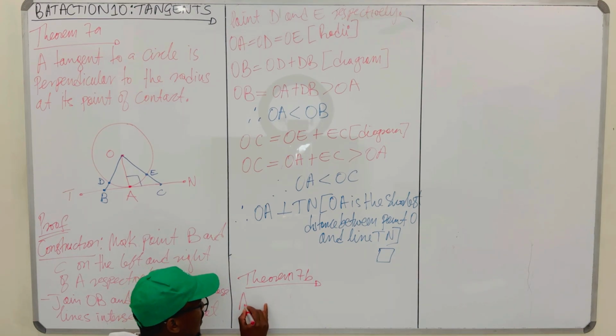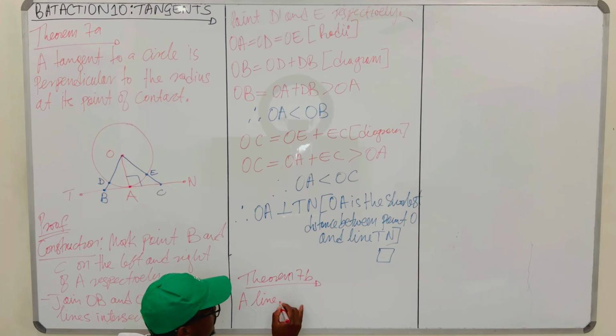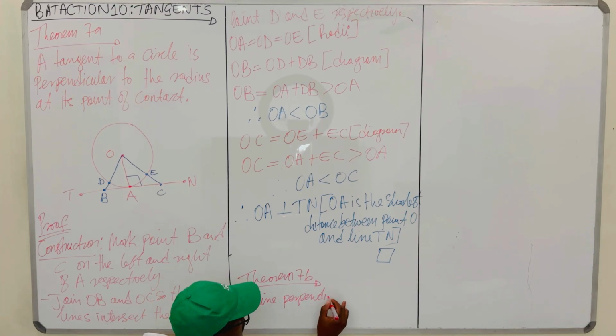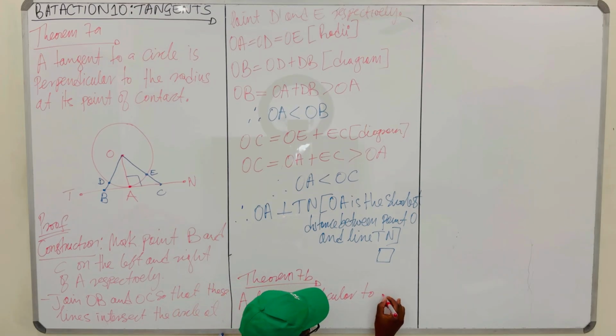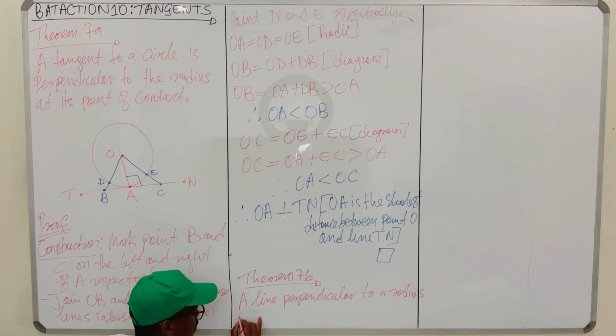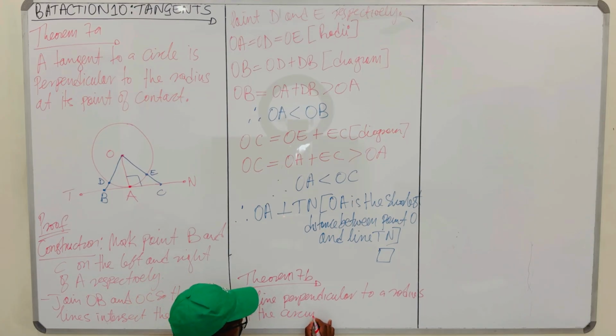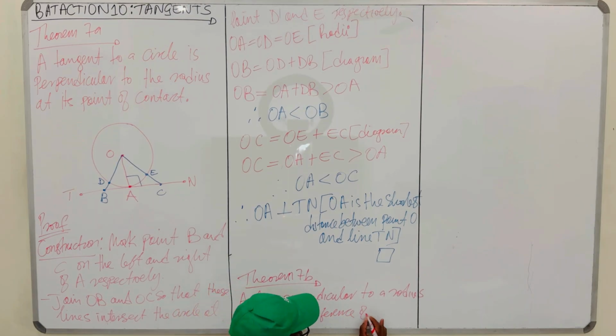I'm saying a line perpendicular to a radius at the circumference of a circle.